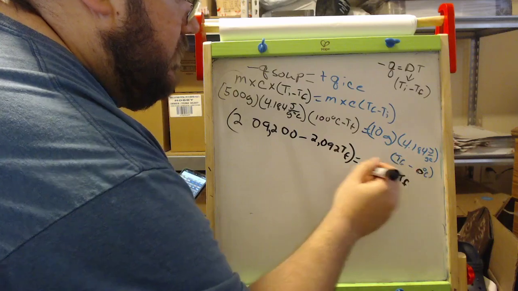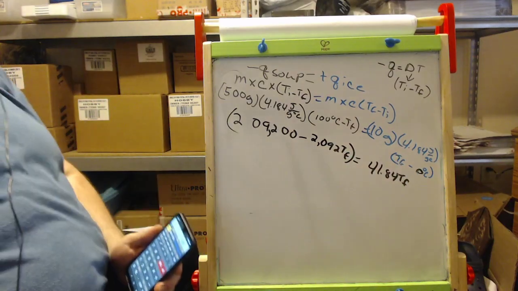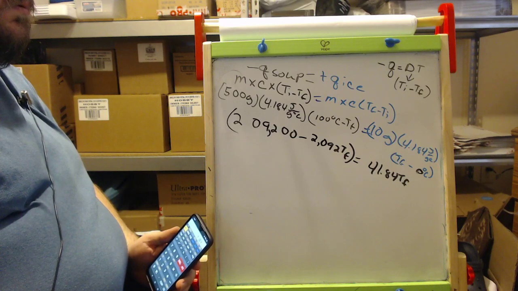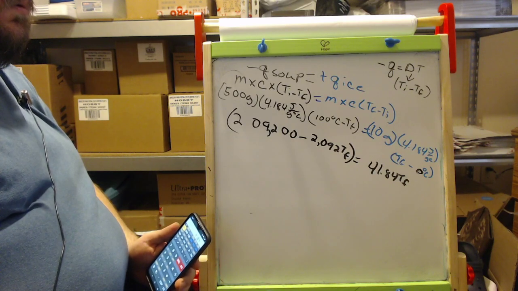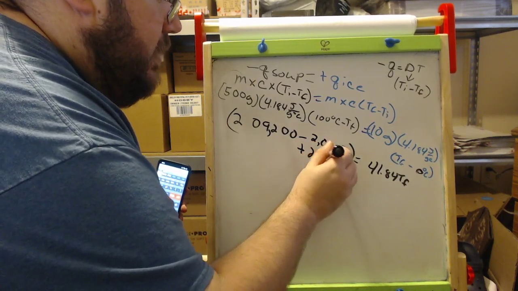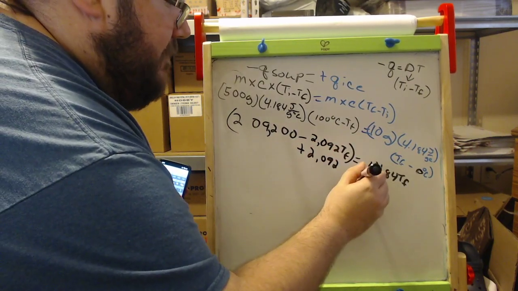Okay. So I end up with an equation that looks like this. I'm going to add and isolate my Tf to both sides.